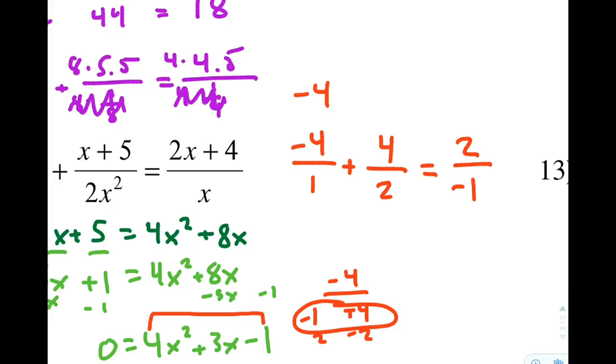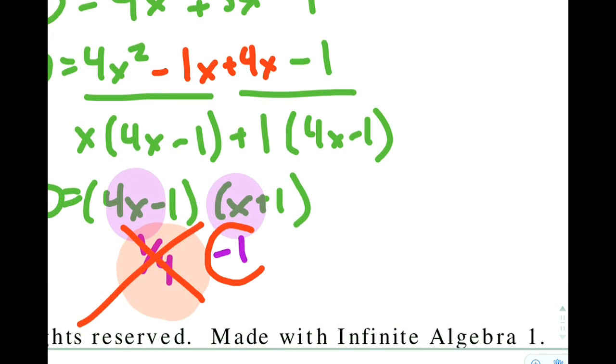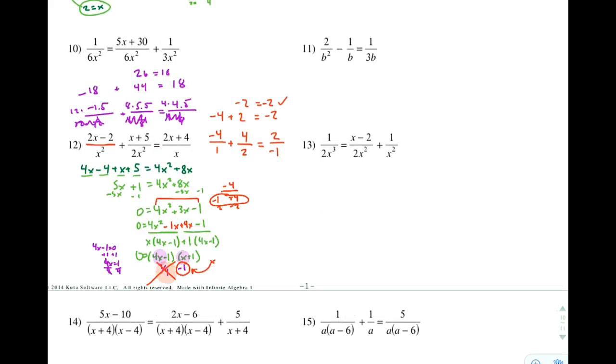So simplifying this, this is negative 4 plus 2 equals negative 2. And that is true. Negative 2 does equal negative 2. So that one works. So our other solution, that x equals negative 1, does work. So we have one answer, and the answer is that x is equal to negative 1.